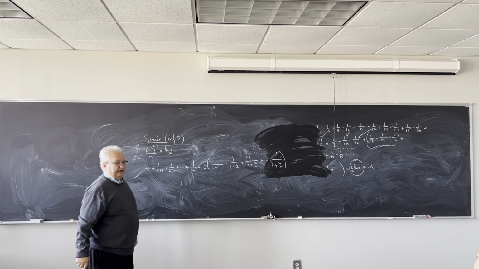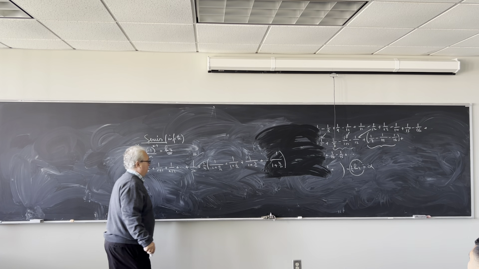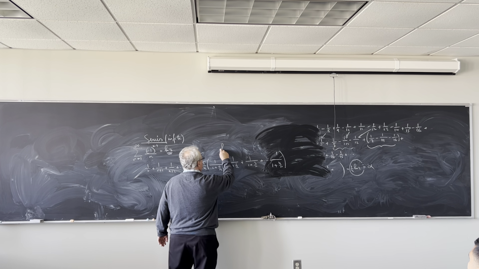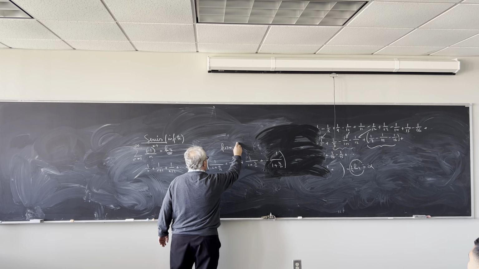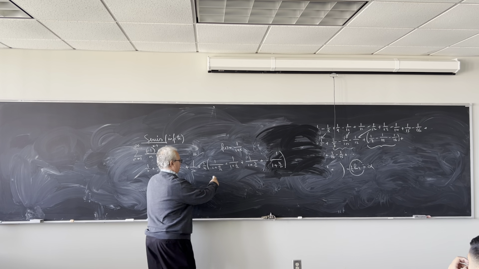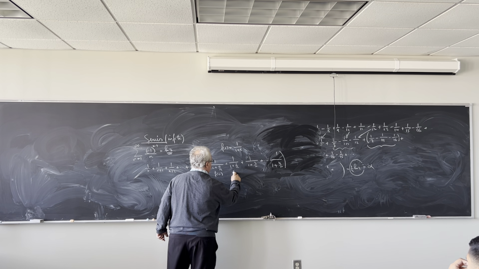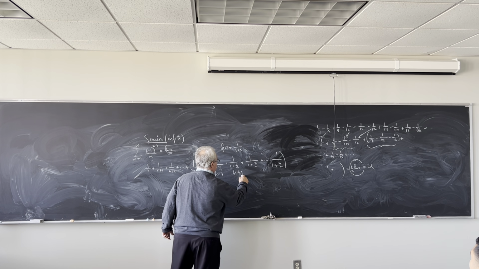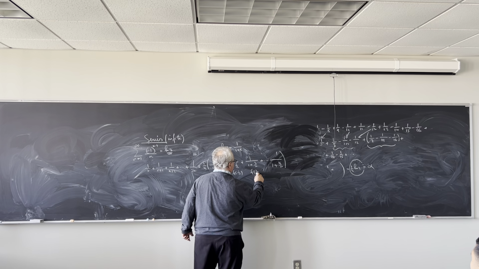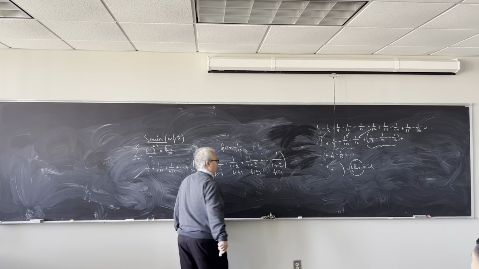So now we rewrite it like this, but we observe that this is nothing else but, if we consider the function f of x to be 1 over 1 plus x, this is f of 0, this is f of 1 over n, this is f of 2 over n, this is f of n over n.